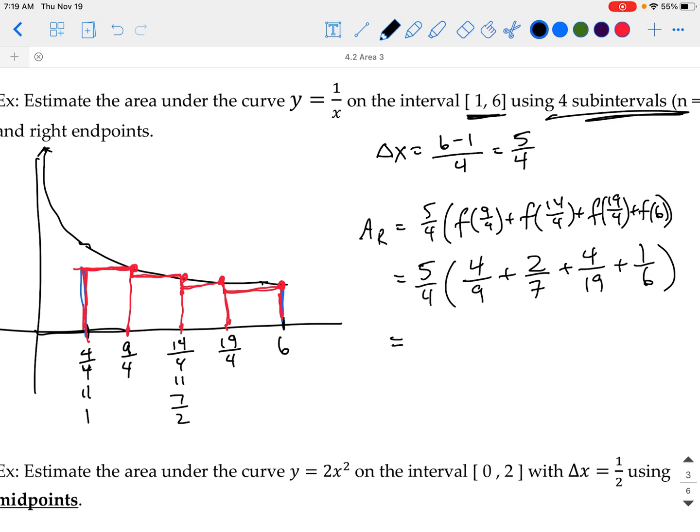So we've got 5/4 times 4/9 plus 2/7 plus 4/19 plus 1/6. So we should get 1.384189641 is what I've got in my calculator.